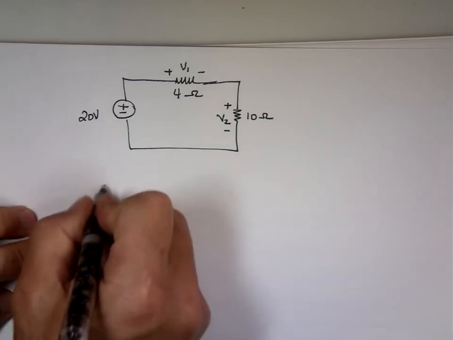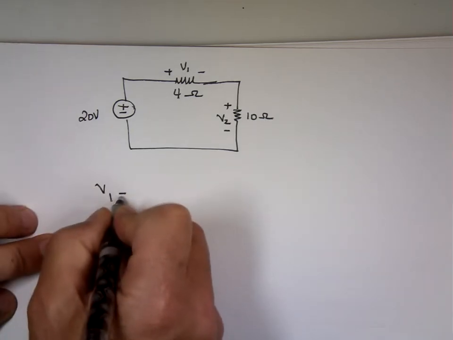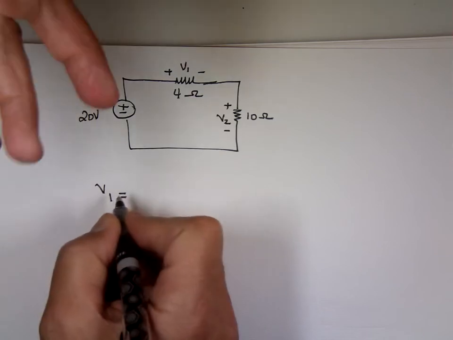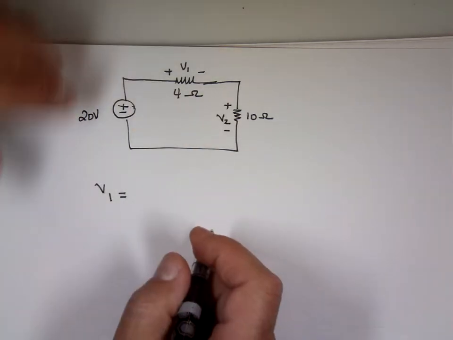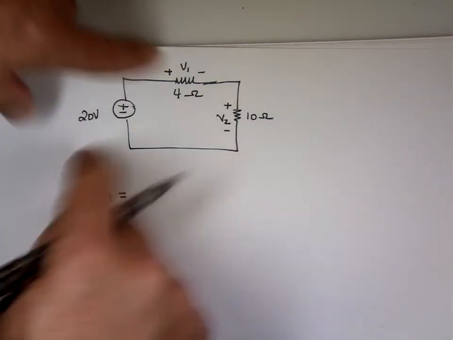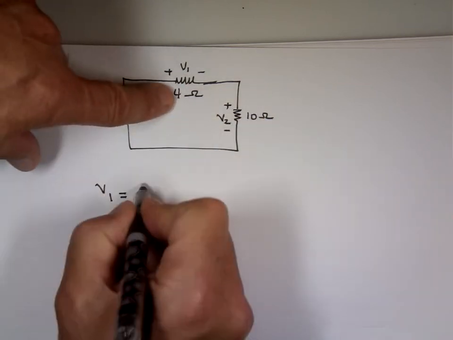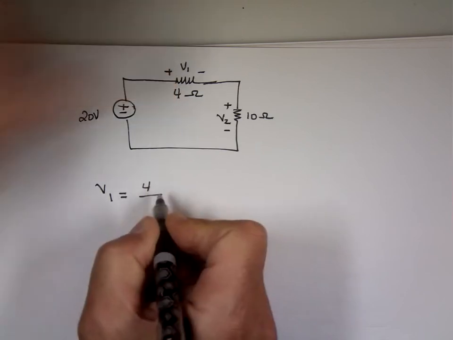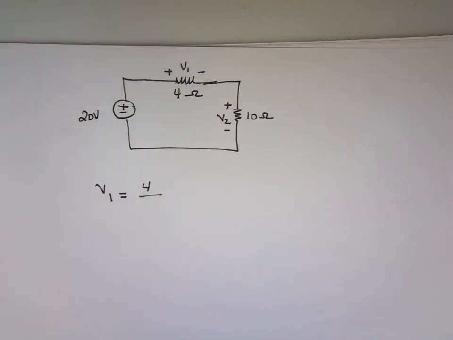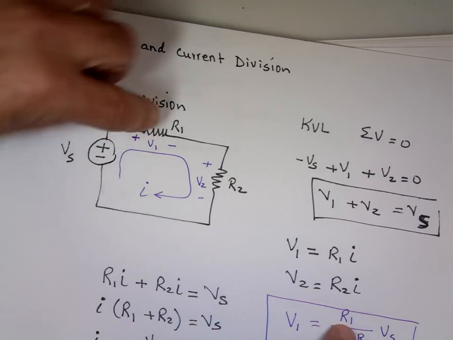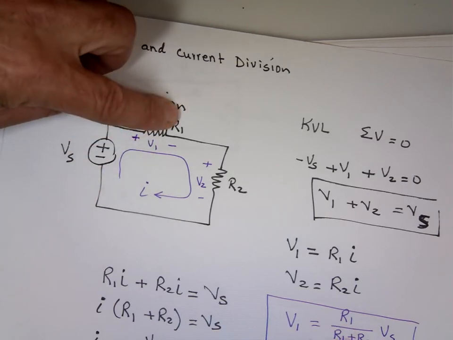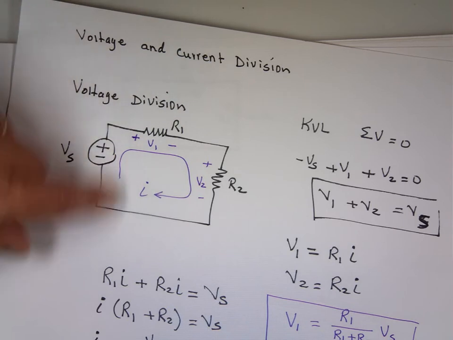So V1 using voltage division is going to be the source, or I'll write it the way I did there. It's going to be R sub 1. So I'm looking for V1, which is this one. I'm taking that resistor. That's your R sub 1. Notice if you look at the equation, when it's V1, what do you have on the top? R sub 1, its own resistor, over the sum of them. When it's V2, what do you have?